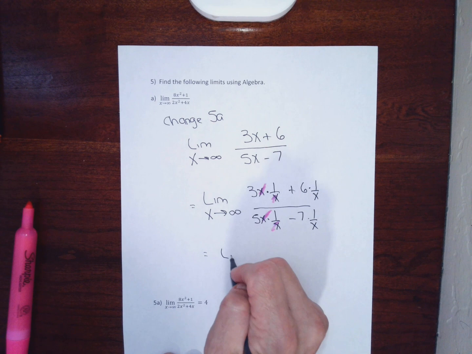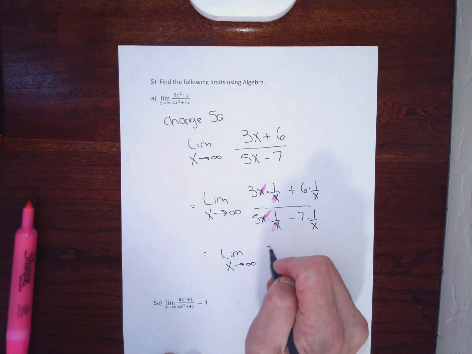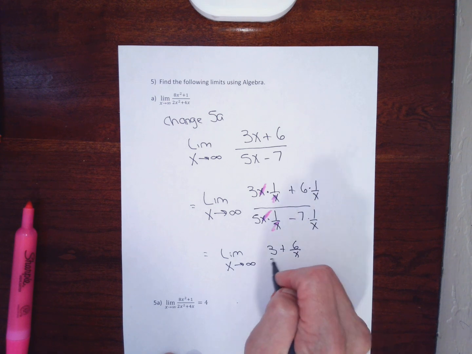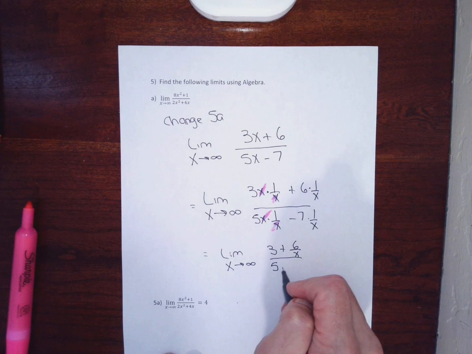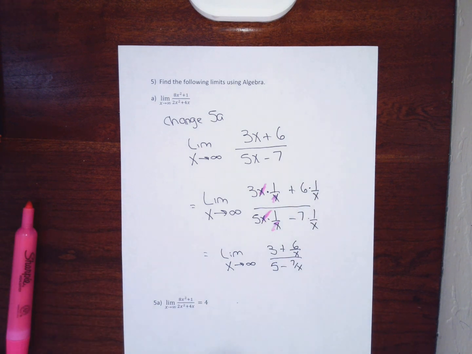So this is going to be the limit as x approaches infinity of 3 plus 6 over x over 5 minus 7 over x. Once you get the problem rewritten so that every single x is buried in the denominator of its own fraction, then you can plug in infinity.